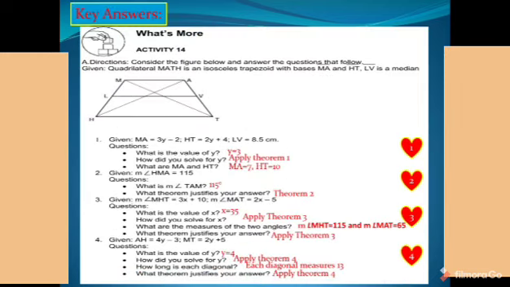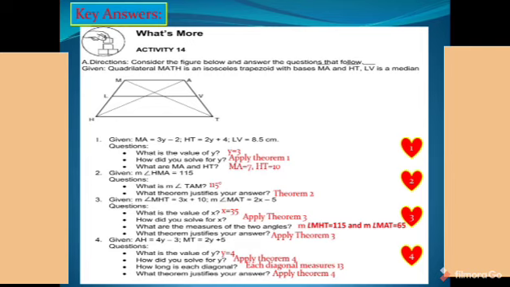So here are the answers of our activity. Number 1, y is equal to 3. Apply theorem number 1. MA is equal to 7, HT equals 10. For number 2, that is 115, theorem number 2. For number 3, we have x is equal to 35.